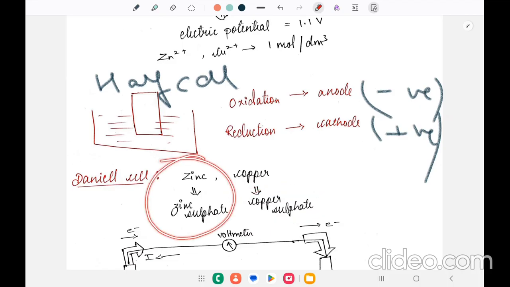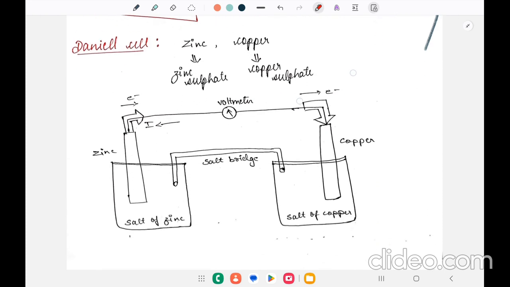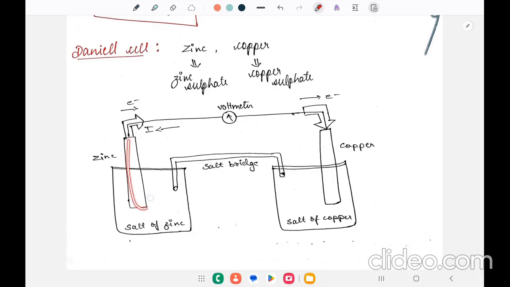Each of these makes up a half cell, and the two solutions are connected by a salt bridge. Here we have the zinc electrode and the solution of salt of zinc, and the same here, the copper and the salt of copper.